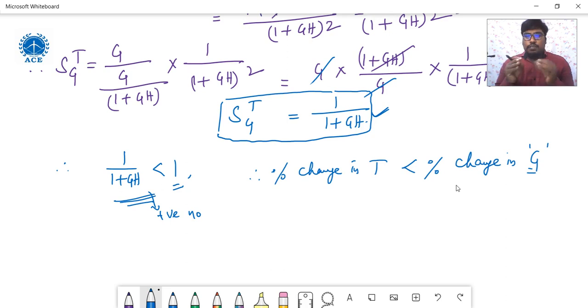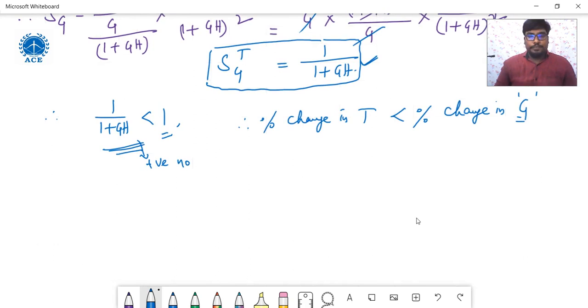It is less affected by whatever changes happen in the forward path. Okay, so this is the sensitivity, right? So I can say in our closed loop system, if I make smaller changes in the forward path, the output doesn't get affected that much. Okay, so it can happen, no problem. But whereas the feedback, let us see the feedback also.